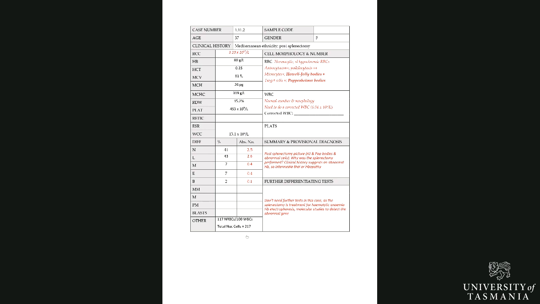So again, we've got an increased platelet count and an increased white cell count. But of course, that increased white cell count does include the nucleated red cells, so that will bring down the cell numbers when you calculate the correct number, which is what is calculated in the red there.